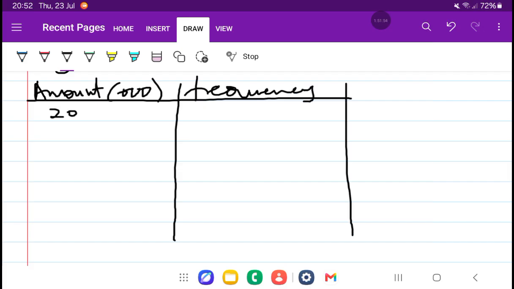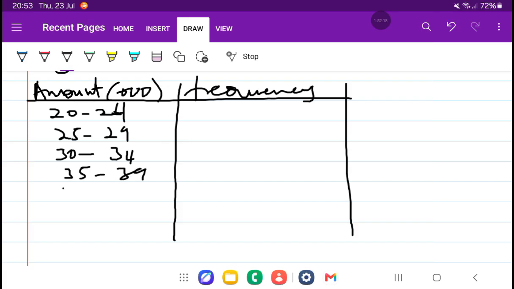We have 20 to 24, 25 to 29, 30 to 34, 35 to 39, 40 to 44, 45 to 49, and then 50 to 54.